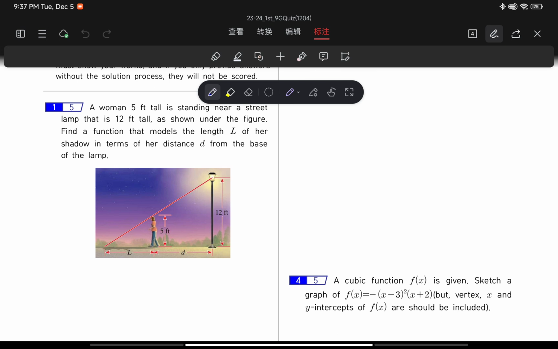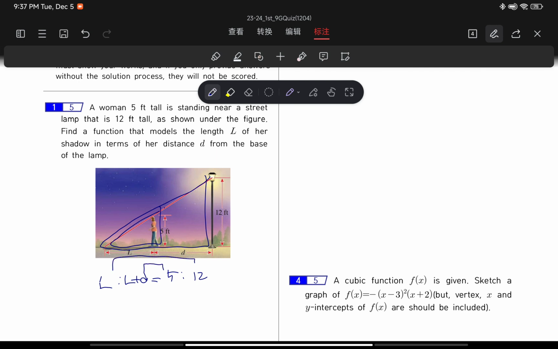Number one, there are two similar triangles. There's a small right triangle, and I can also use the bigger right-angled triangle. So L to L plus D equals 5 to 12.